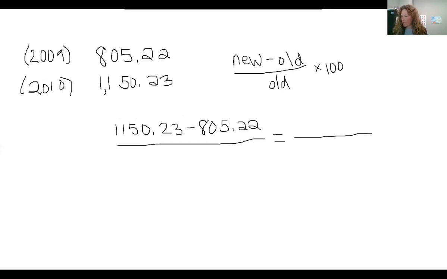The point of the top, as I said, of the subtraction is to figure out how much actual change there is. What is the point of dividing by the old value? Well, that gives that amount of change a little bit of reference for us. It puts it into perspective.